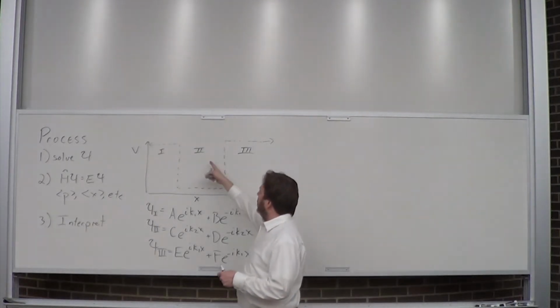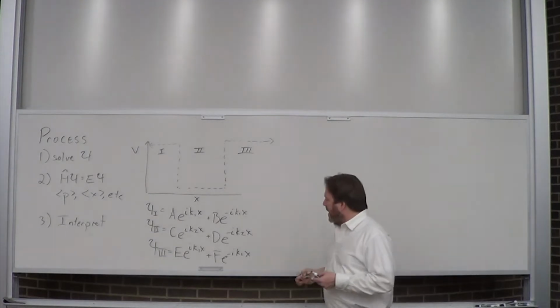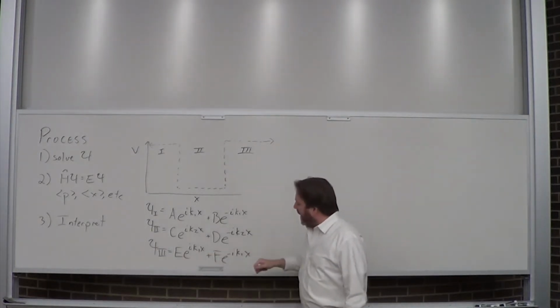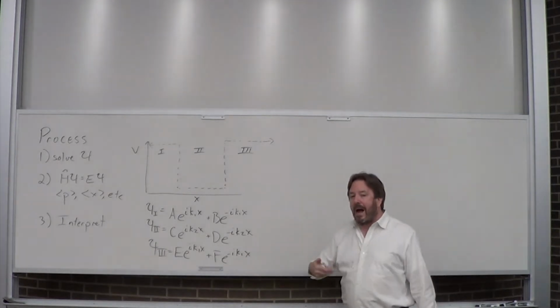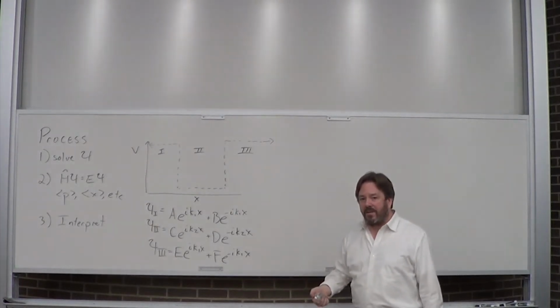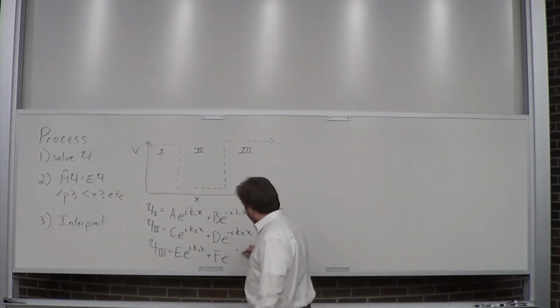Again, if the particle gets out of the box to the right, it will keep moving to the right. So why would I have a left wave? The E wave is a right wave and the F is a left wave, because minus IKX are left waves, plus IKX are right waves. There is no left wave, because the particle can never move to the left.